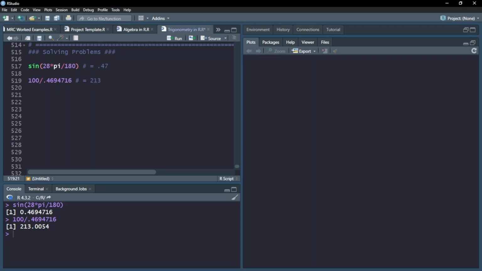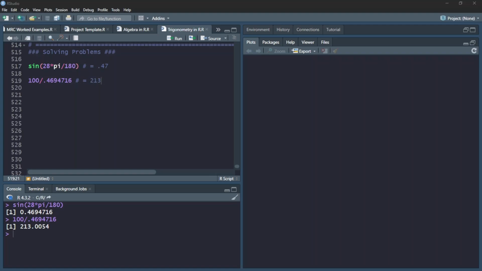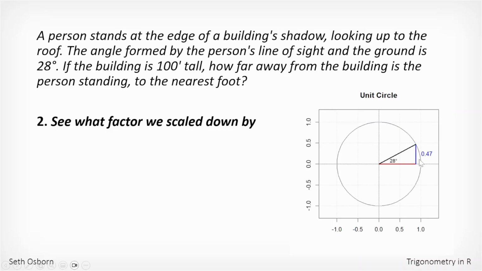Because if we divide 100 by 0.469 and get 213, that means dividing 100 by 213 would also give us 0.469. So 213 is the factor by which we have scaled this triangle down. That also means that the length of this hypotenuse in the original triangle was 213, because we've divided everything by 213, so now this radius is just 1. All right, so there we go, 213.